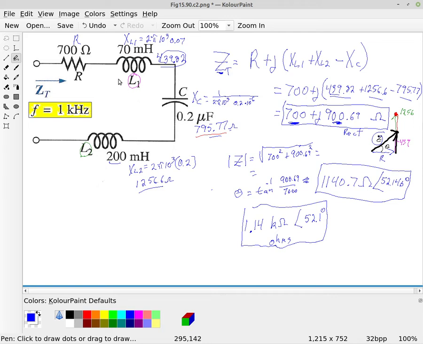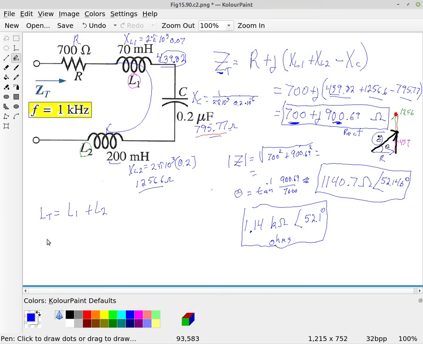Now, I do want to point out to you here, remember back in DC circuits, we said that L total for a series circuit is equal to the first inductor plus the second inductor. Okay?